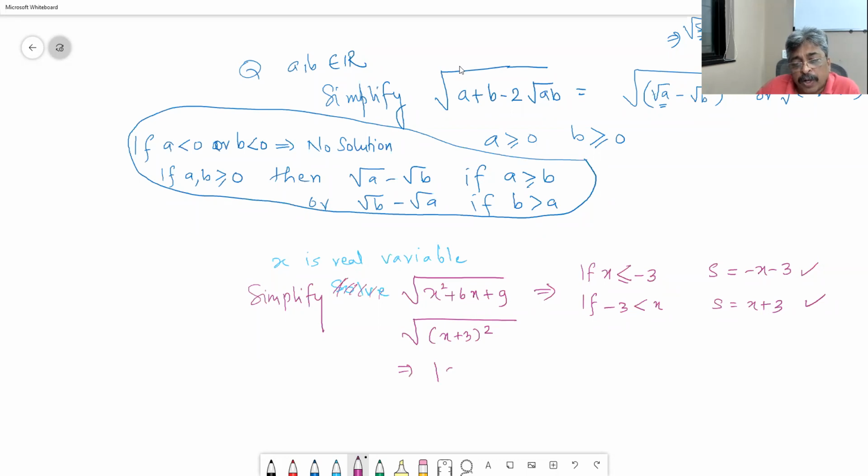Answer for this will be mod x plus 3 and you get this answer. If x is less than or equal to minus 3, solution set is minus x minus 3. If x is greater than minus 3, S is x plus 3. Simplify. Next problem.